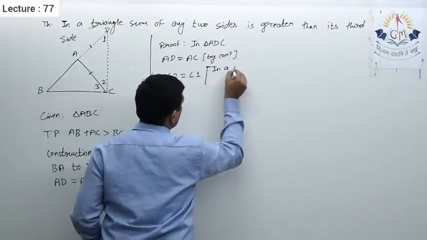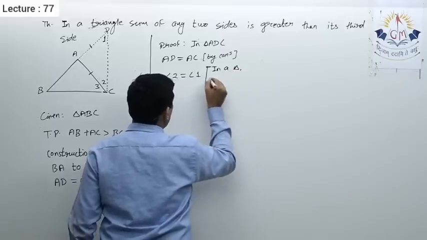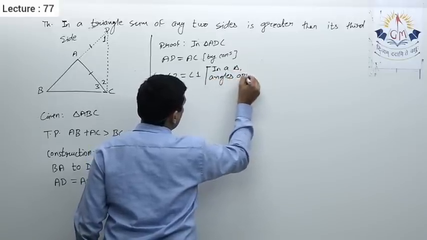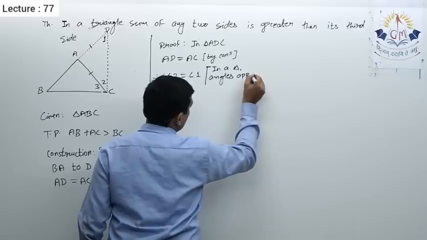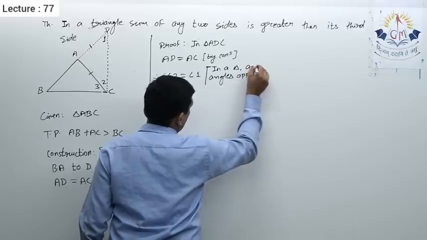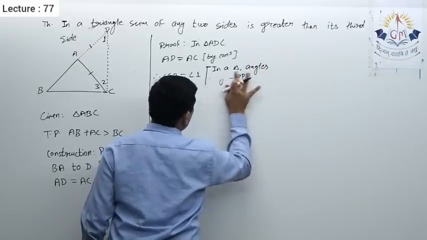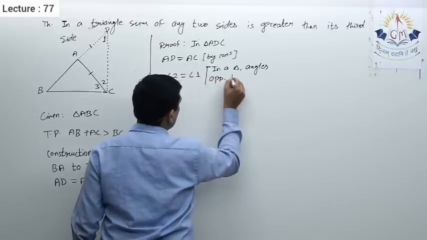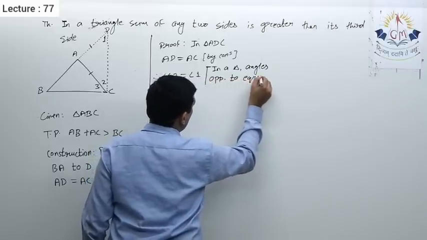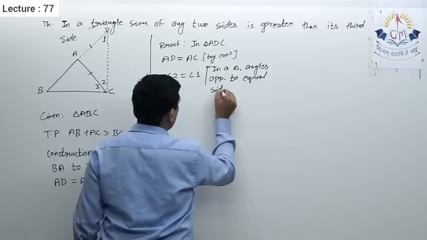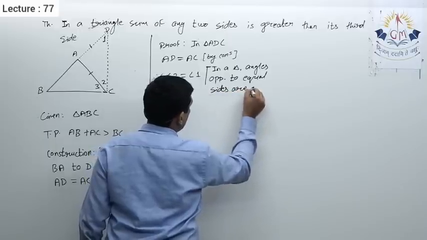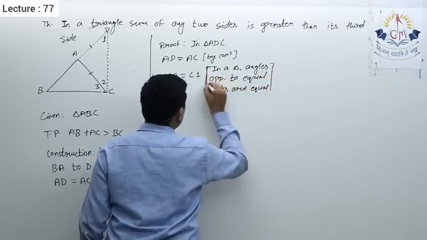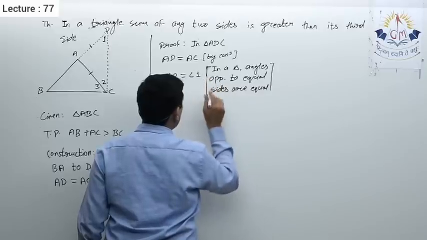In a triangle, angles opposite to equal sides are equal.